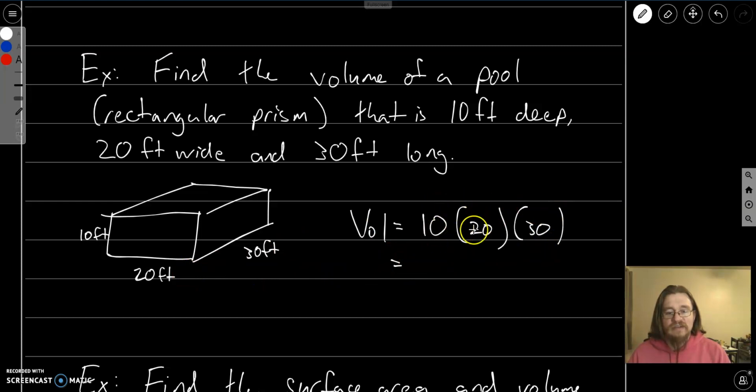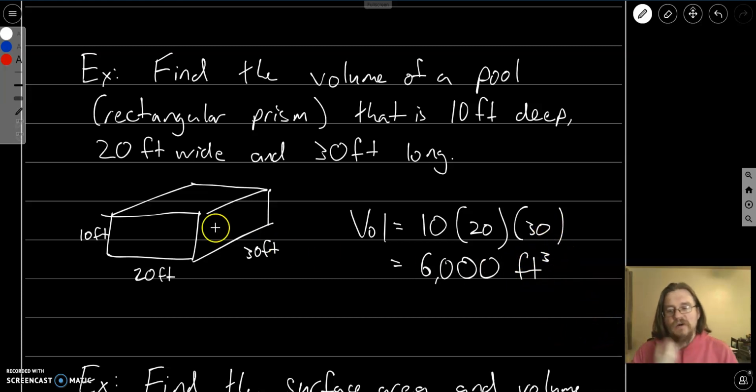And if we take 10 times 20 times 30, we will get 6,000 feet cubed. So this is the volume. So for instance, the pool, this would be how much water we could fit inside the pool. It would be 6,000 cubic feet of water could fit in the pool. And I'll do another example and finish up in the next video.